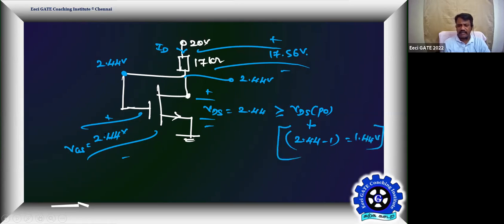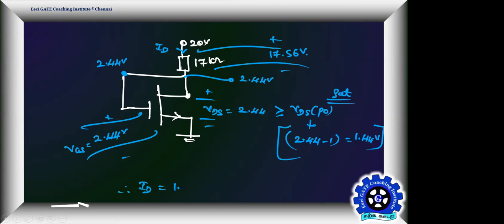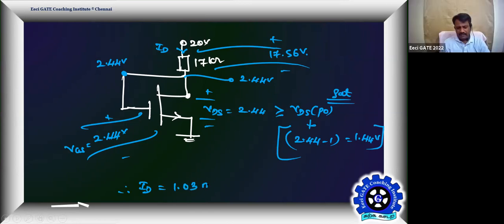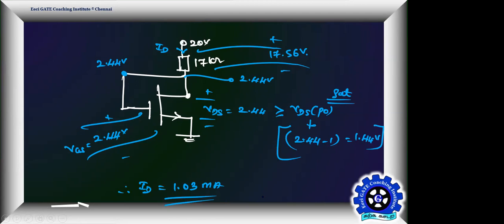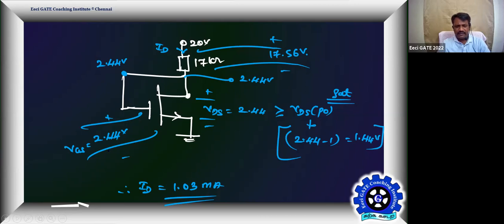Pinch-off will happen here itself. So VDS is greater, so it is always going to be in saturation. What is the current ID? 1.03 milliamps. Are you getting the same number, Dinesh? Yes, sir, 1.03.